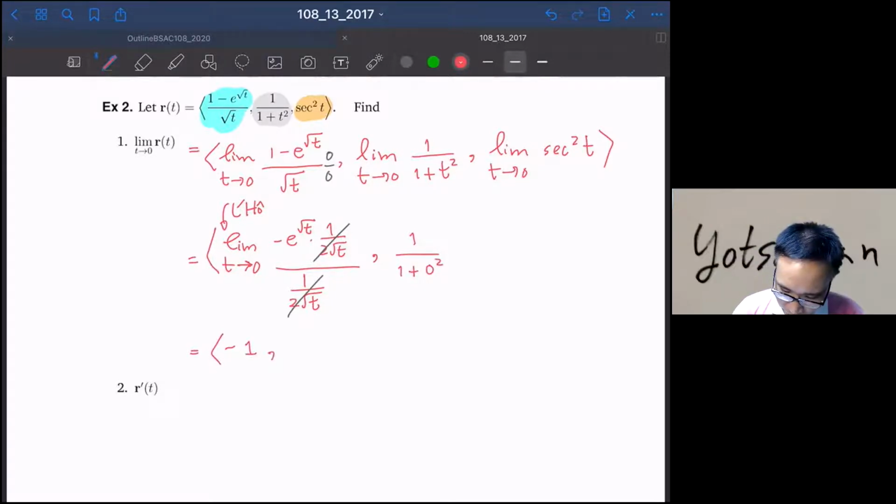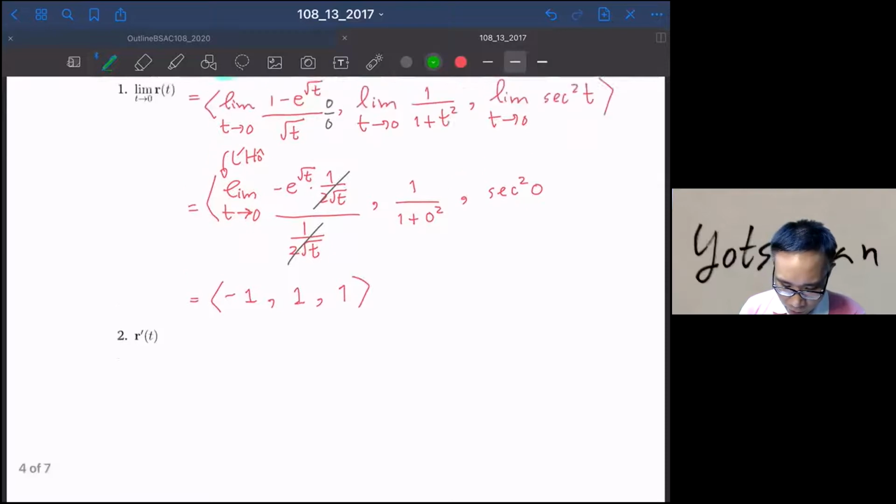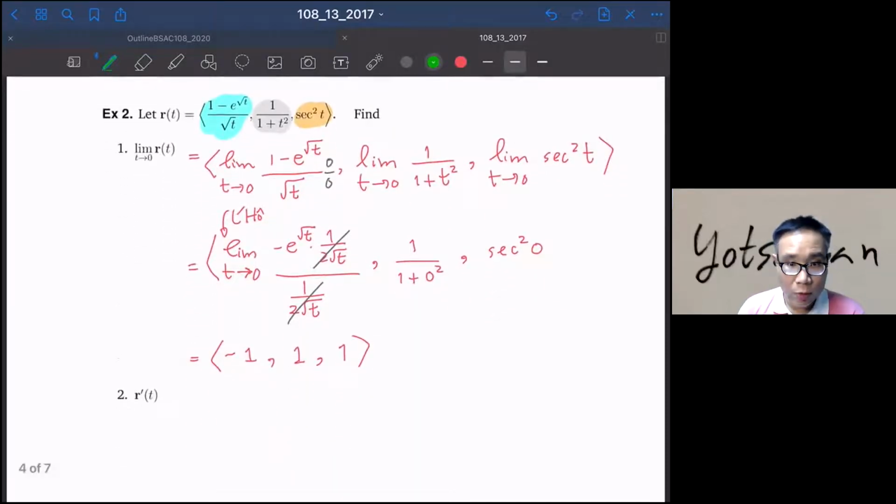And the last one is the limit as t goes to 0 of secant squared t. This becomes secant squared 0, which is also 1. So the limit turns out to be the vector negative 1, 1, 1.